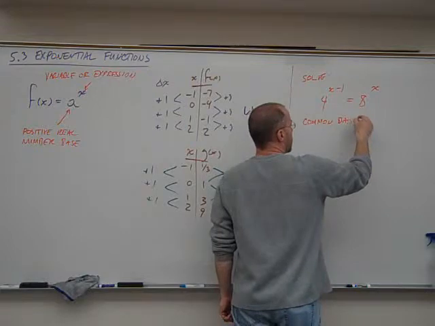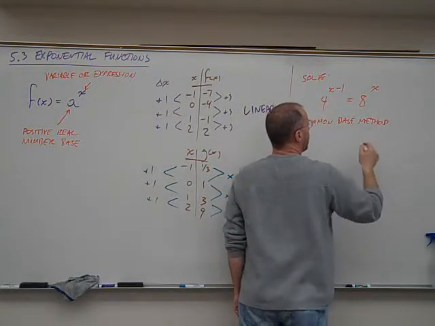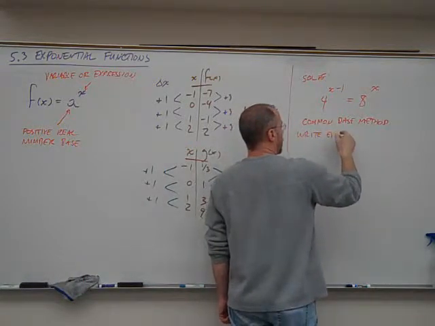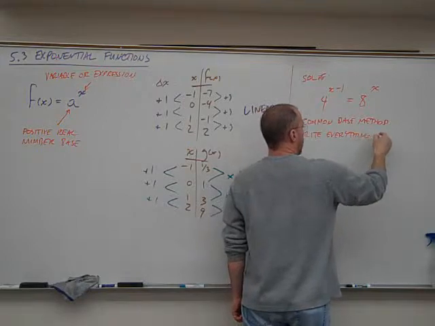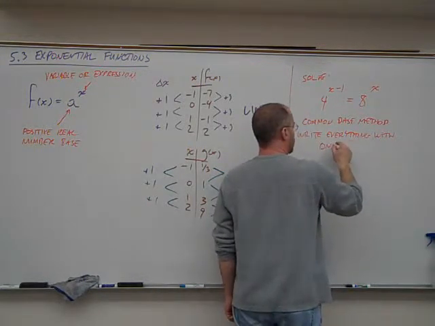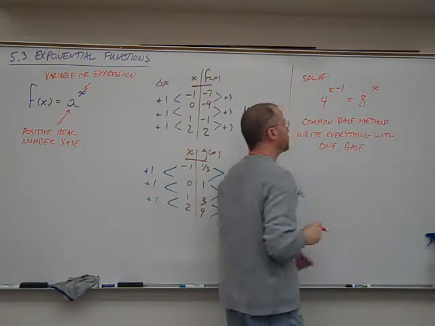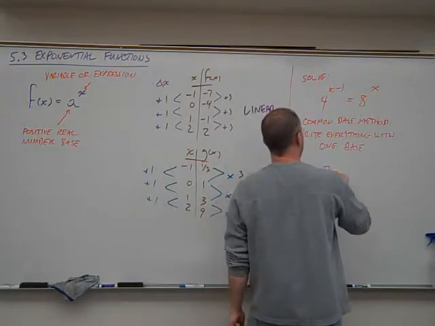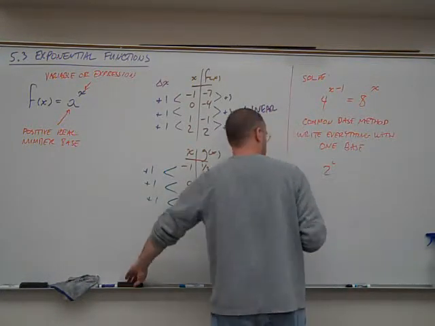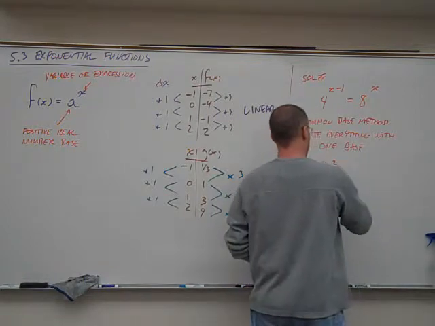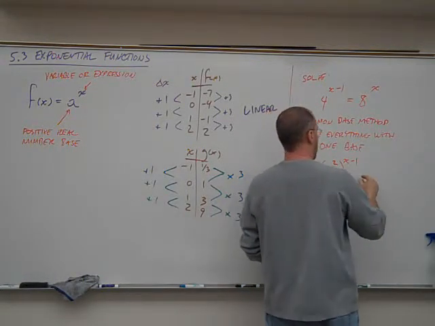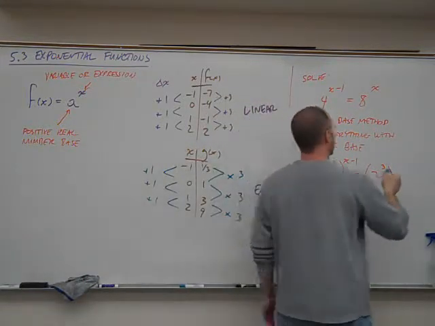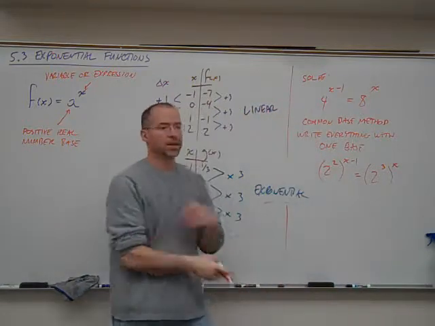Basically, what you do is write everything with one exponential base. In this case, 4 and 8 can both be written as powers of 2. So rewrite this as 2 squared, raised to the x minus 1. And since 8 is 2 cubed, you could rewrite that equation like so.